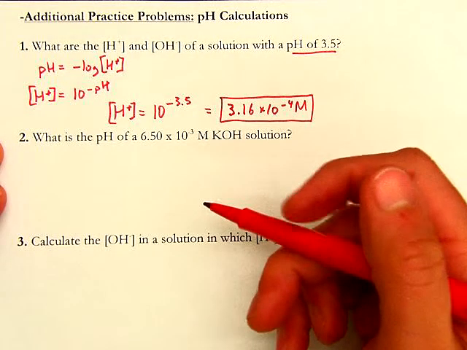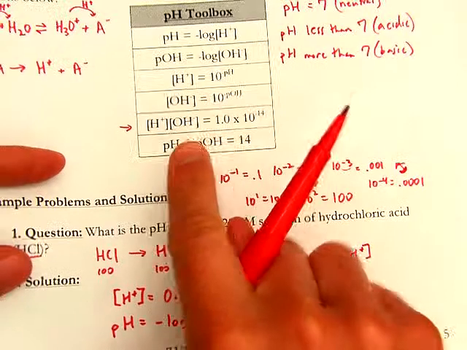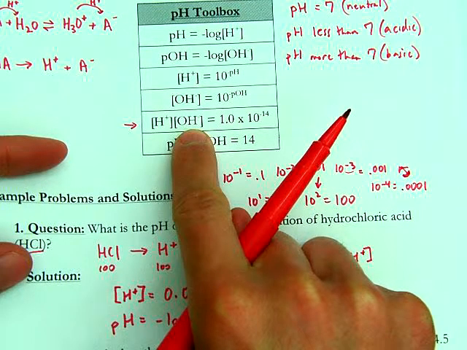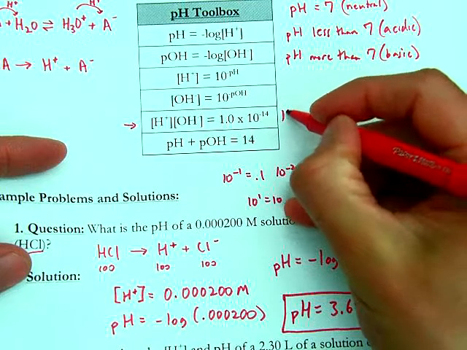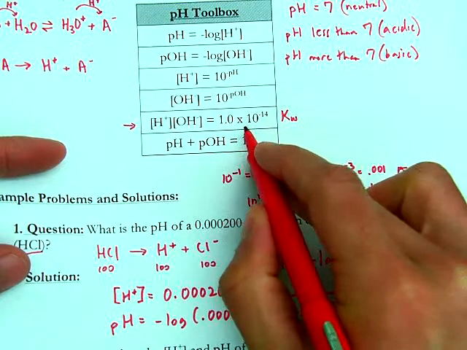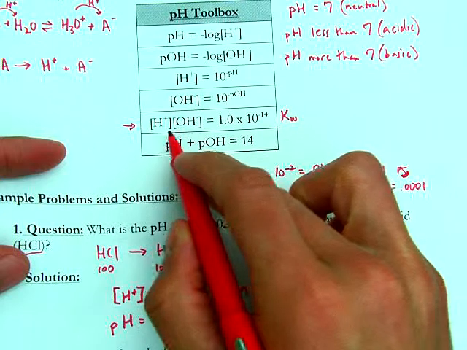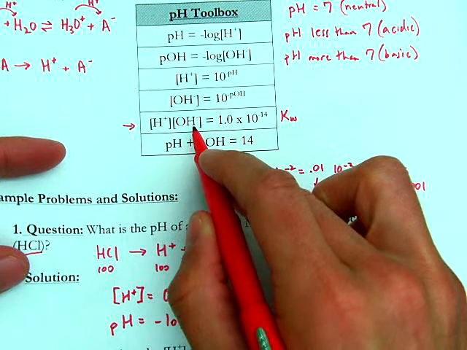Now, another key relationship here is this one right here. The concentration of H times the concentration of OH gives us what's called Kw. This is the ion product constant for water at 25 degrees Celsius. So when you multiply these two together, you always get that number. So if you knew one of these, you can solve for the other one, right?